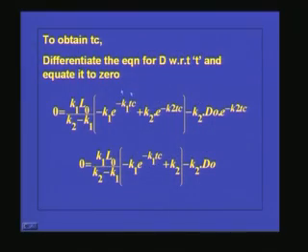That is why we are differentiating the equation for D with respect to t and equating it to 0. So this is the expression: k1 L naught by k2 minus k1 into minus k1 into e raised to minus k1 tC plus k2 into e raised to minus k2 tC, minus k2 into D naught into e raised to minus k2 tC.